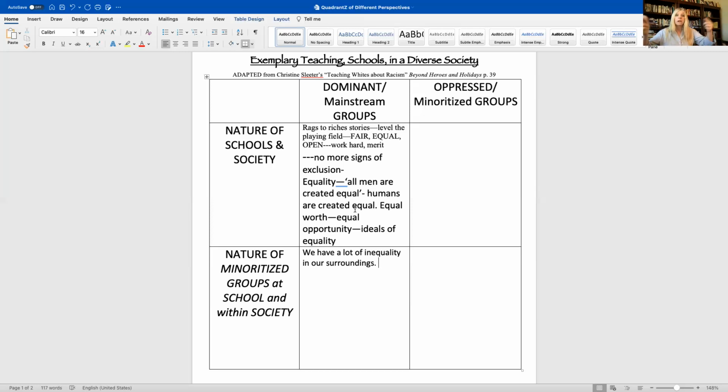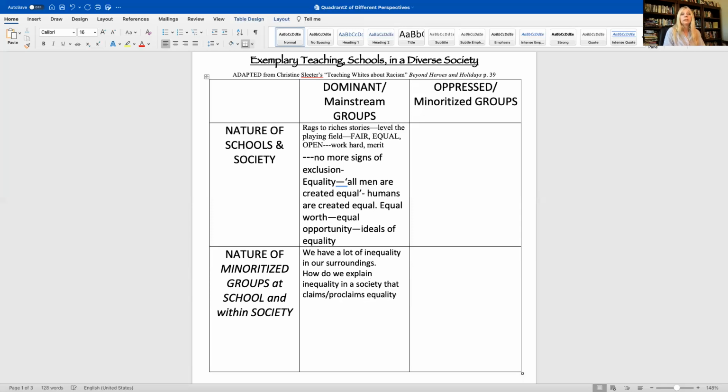You can see it. So the point being here now, how do we explain it? How do we explain inequality in a society that claims or proclaims equality from the dominant perspective?